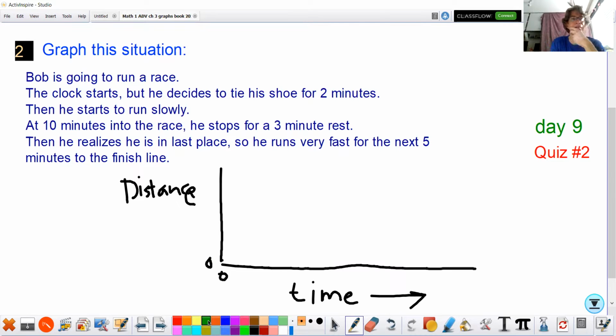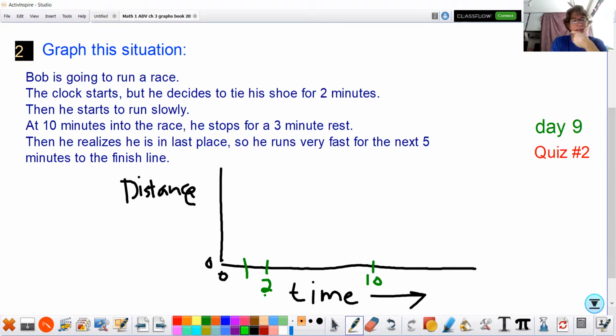Okay, so what can you come up with? The clock starts, but he decides to tie his shoe for 2 minutes. So I'm going to put some times here. There's 2 minutes. And also at 10 minutes into the race, way over here is like 10. Okay, so what do you think is going to happen?